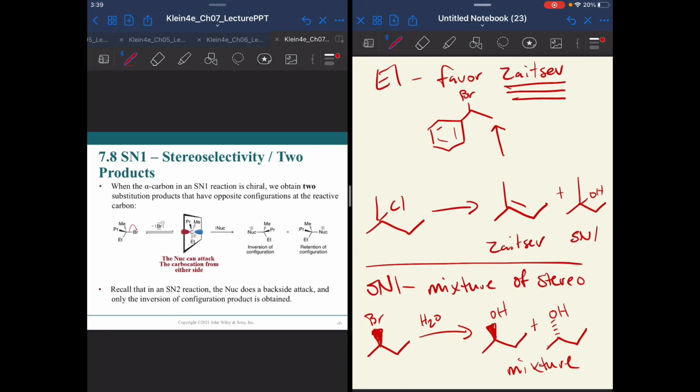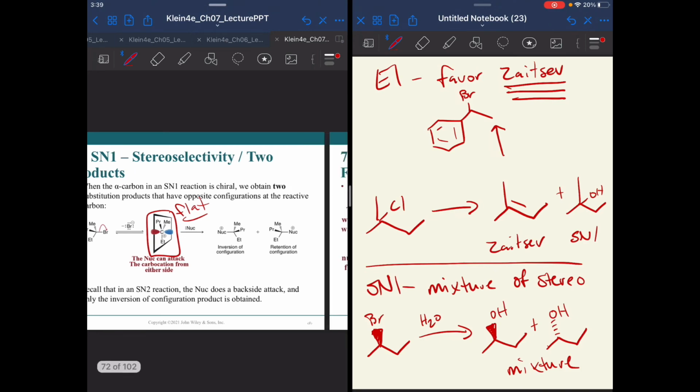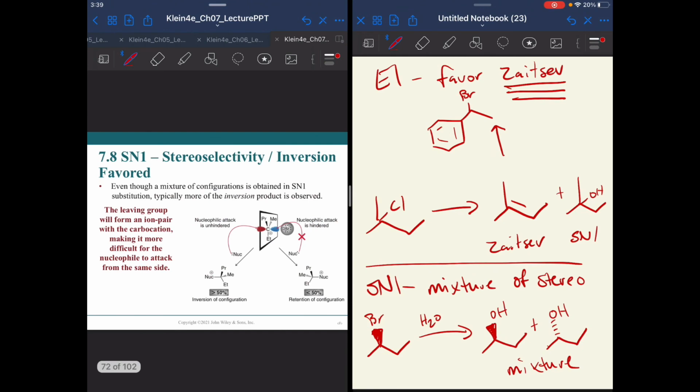The nucleophile can attack from the back. It can attack from the front because the carbocation is flat. With SN2, it has to attack from the back because the leaving group is in the way. You do get a slight favoring for inversion because when the leaving group leaves, it doesn't disappear. The bromine still exists.